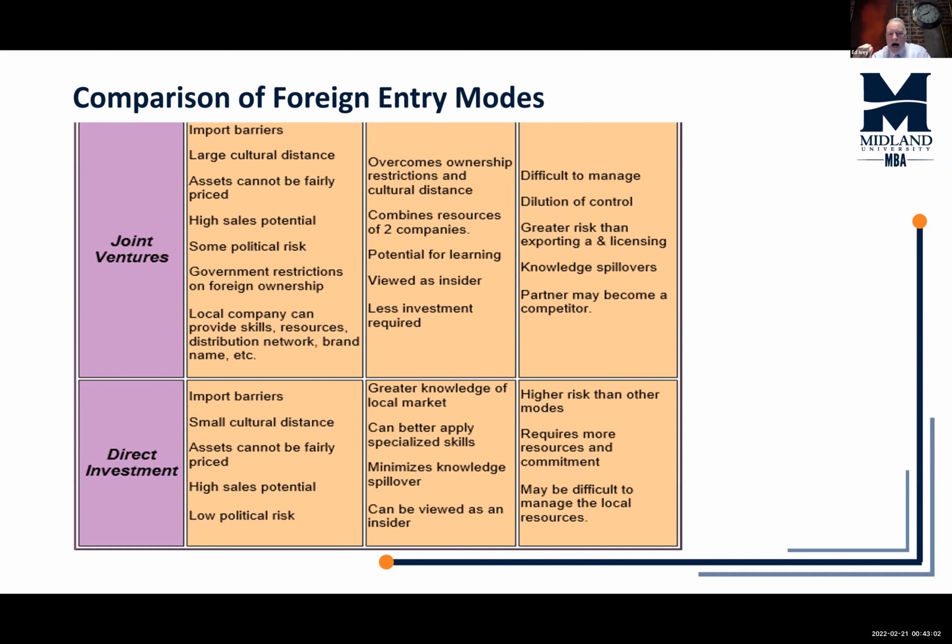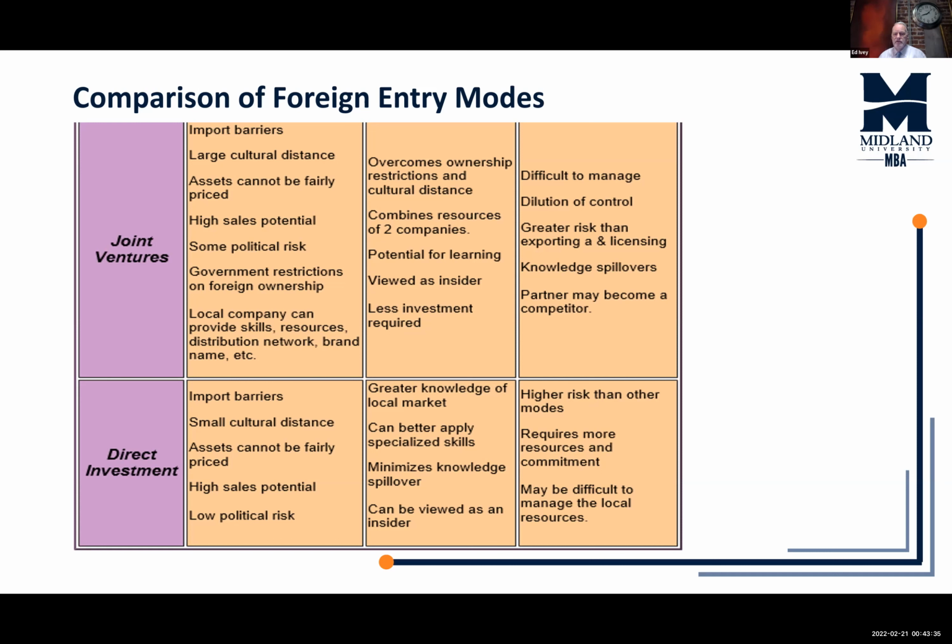So that high sales potential lends itself to foreign direct investment, and also if you have low political risk. Now, if you have higher political risk, you can still have foreign direct investment, but again, you may not be the sole owner, perhaps you own 49% of that.